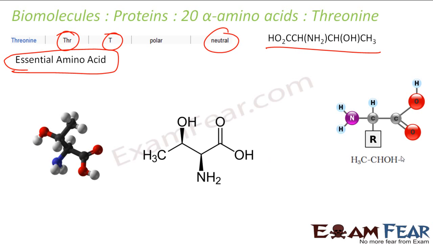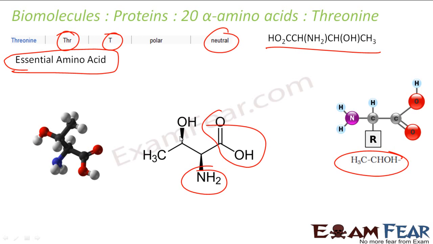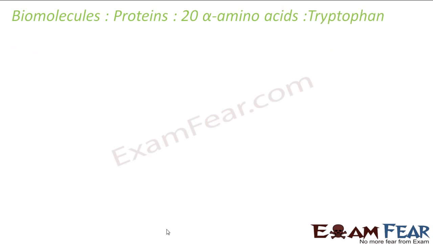If we compare with the general structure, R is nothing but CH3CHOH. There is one NH2, one COOH group. So overall it is again a neutral compound, right? This was the last amino acid to be discovered, in 1930 by William Rose. It is found in cottage cheese, fish, meat and lentils.